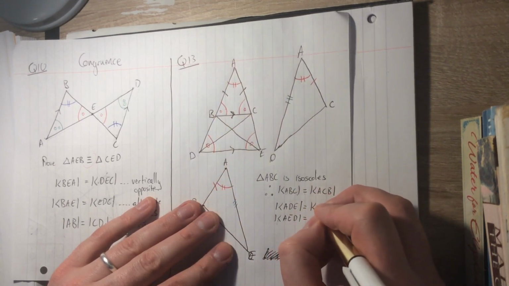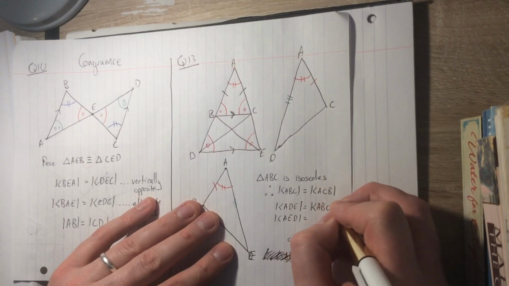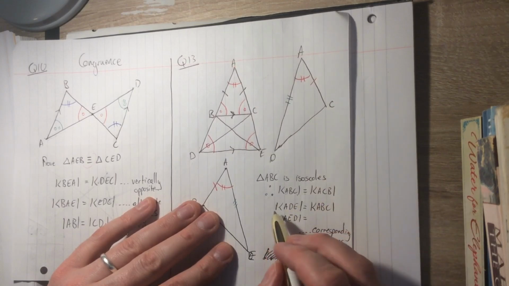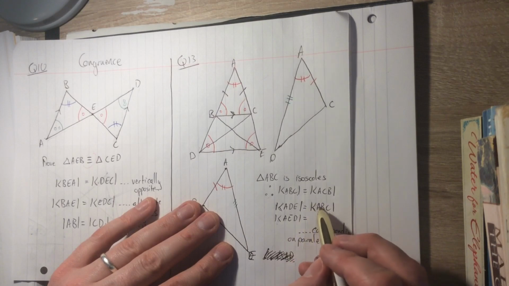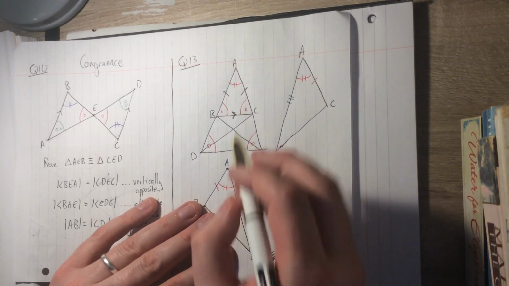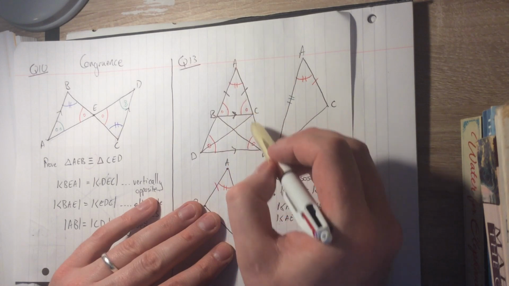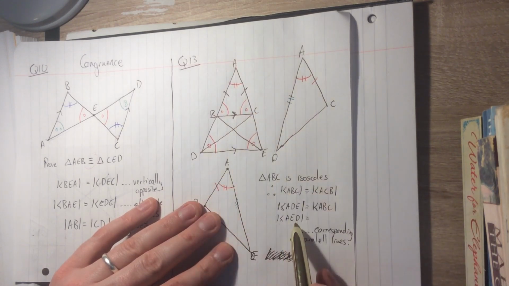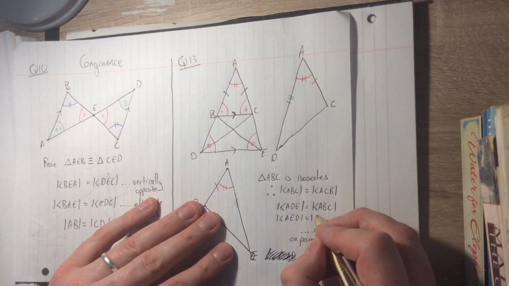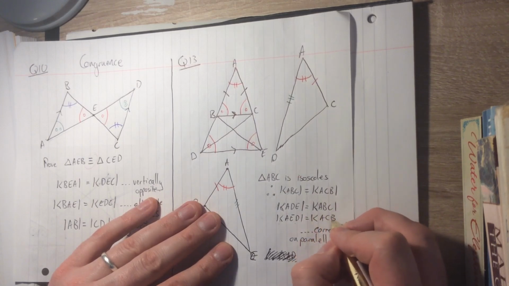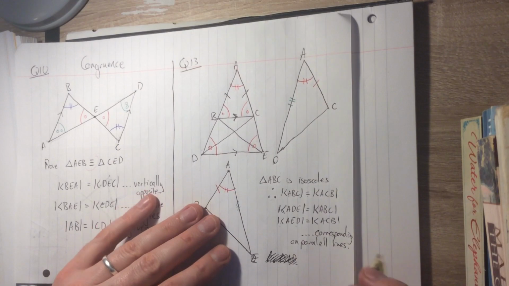So the size of ADE is the same as the size of the angle ABC. And we can say that AED, this angle down here, is also the same as ACB. Okay, and both of those are because they are corresponding on parallel lines.